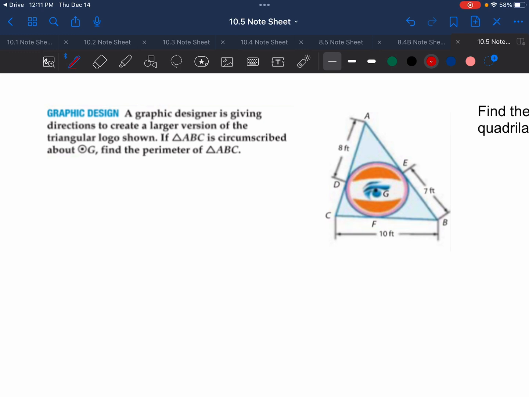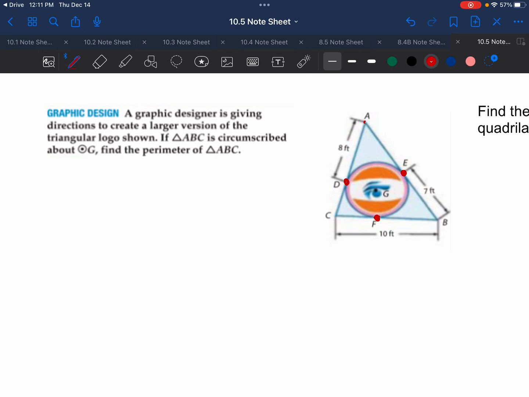The fact that ABC is circumscribed about the circle means that side AB is tangent to the circle, BC is tangent to the circle, and CA is tangent to the circle. So we're going to use our common tangents theorem to find these missing side lengths so we can get the perimeter, the length around the entire triangle.